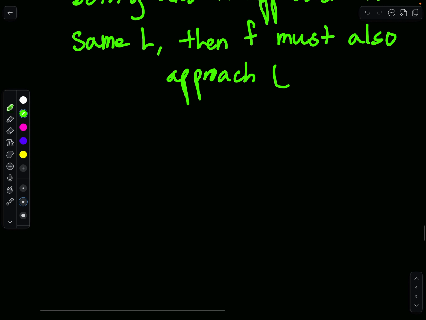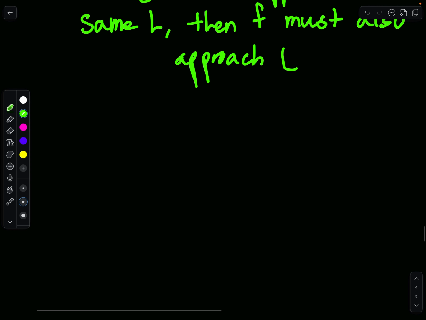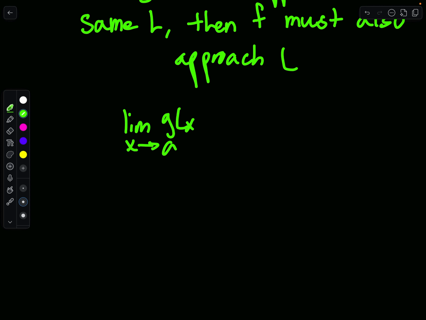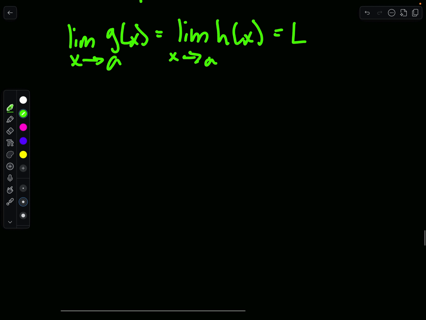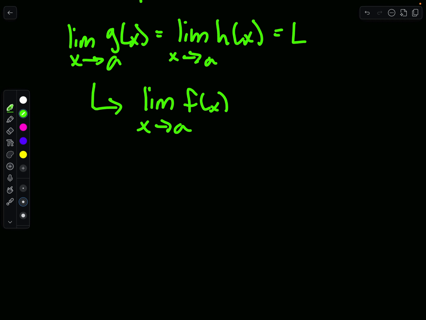So we can say that if the limit as x goes to a of g of x equals the limit as x goes to a of h of x equals L, then the limit as x goes to a of f of x equals L.